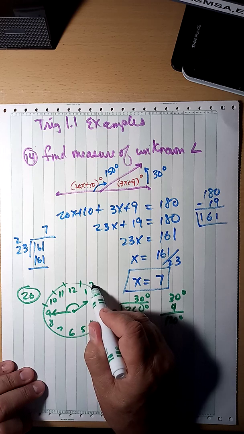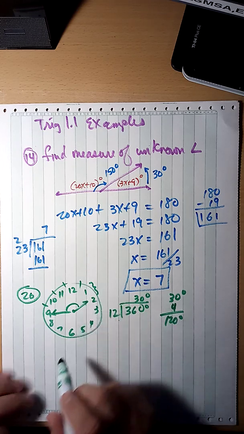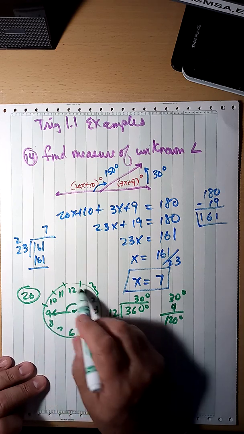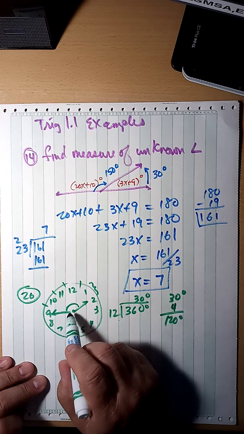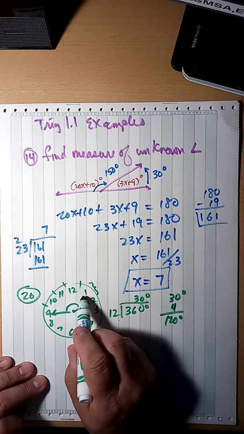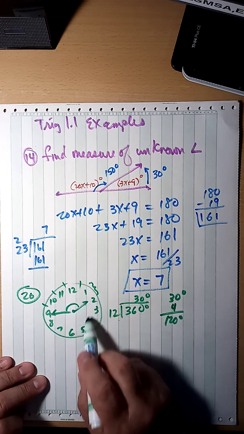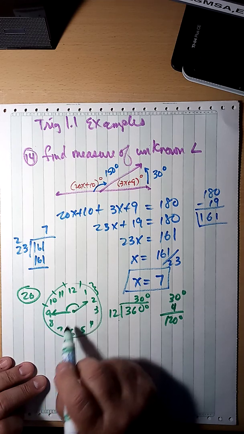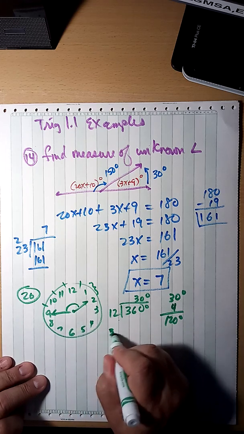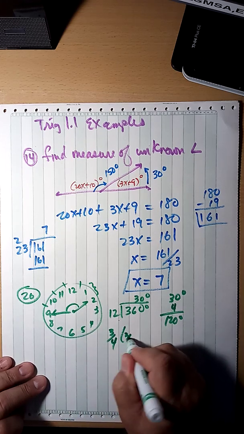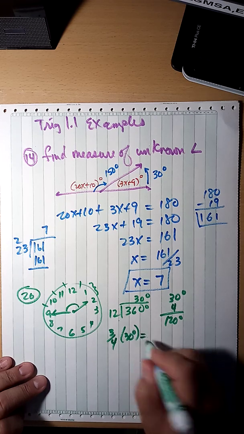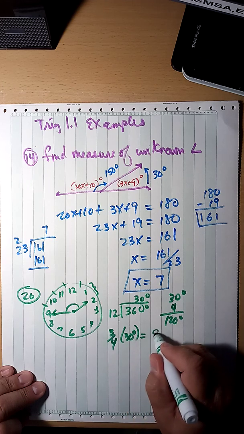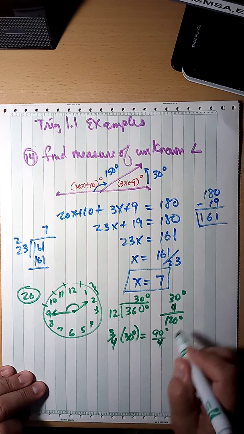But this is not a complete going from 1 to 2. This is in between. In fact, if you think of the hour, at 1 o'clock, this was pointing directly at 1. And then after 3/4 of an hour, it's pointing where it is now. So I need 3/4 of 30 degrees, so this is 3 times 30 or 90 over 4.